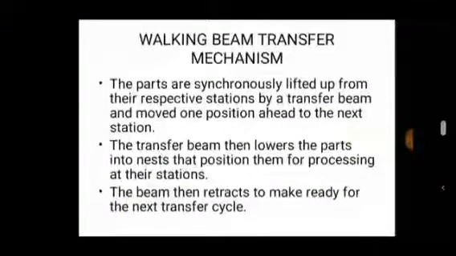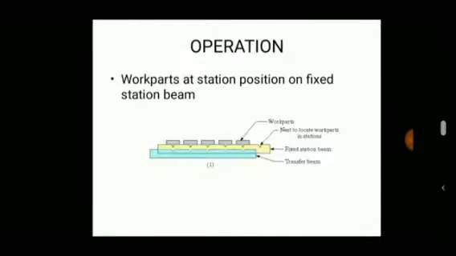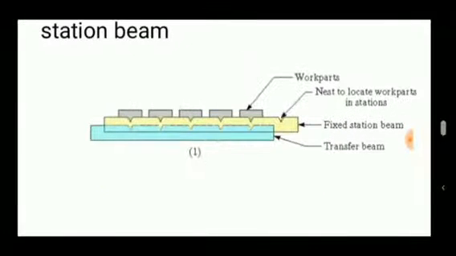There is also a mechanism called walking beam transfer that uses a transferring beam that is lifting up and down with a forward motion, so that it can lift the workpieces from one position or one workstation to another. In this, there are two beams.